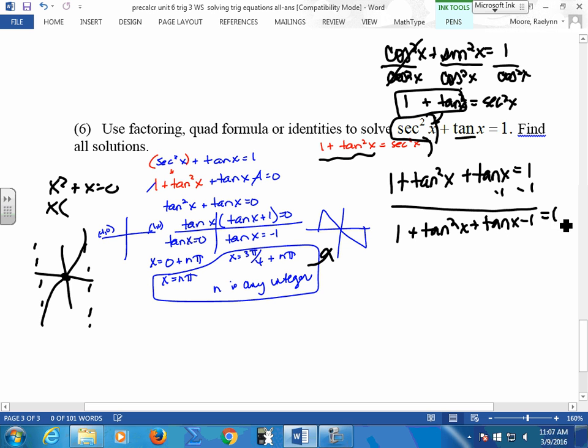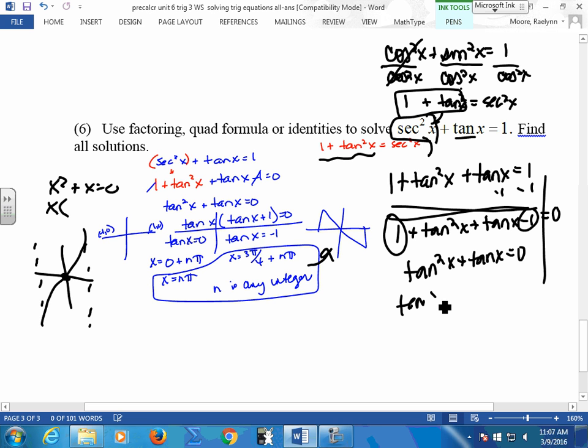And now I said, on the same side of my equal sign, what is 1 minus 1? 0. Or I could say negative 1 over there. Take out my 1. So now I have tangent squared plus tangent. And I'm going to take out what they have in common, a tangent. Because if I did this, x squared plus x, what would you factor out of x squared plus x?